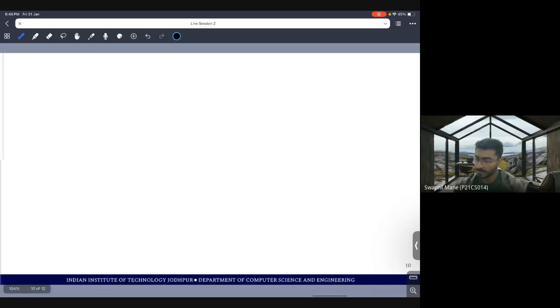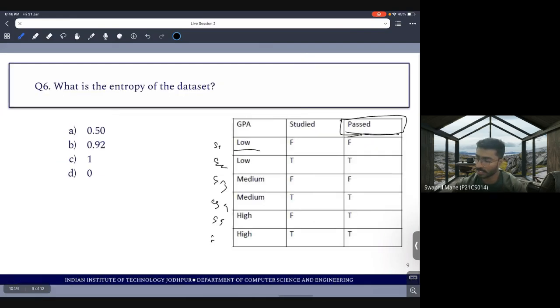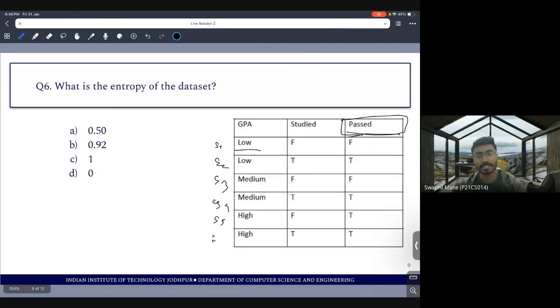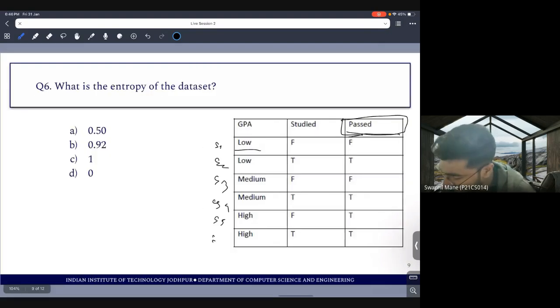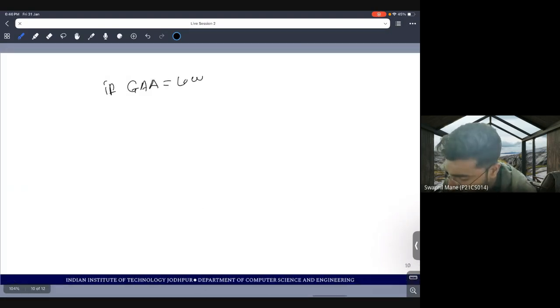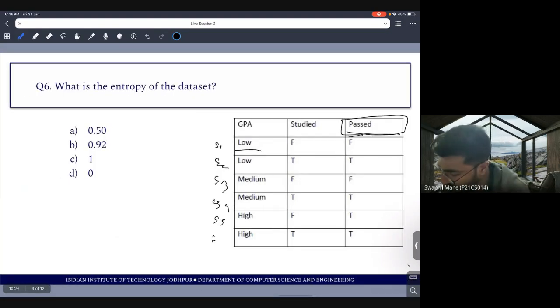Here the decision tree, by analyzing this data, tries to create a tree. Let's take one example: if GPA is equal to low, then is it passed or not?